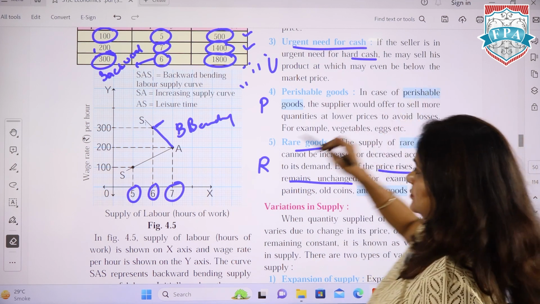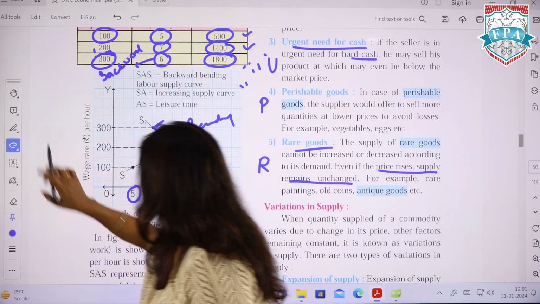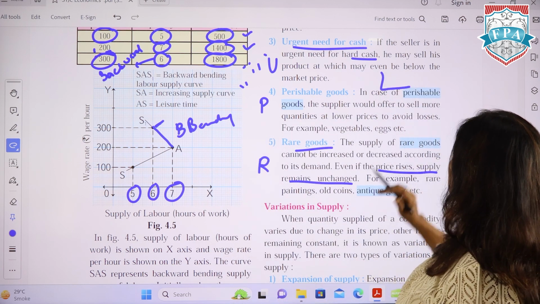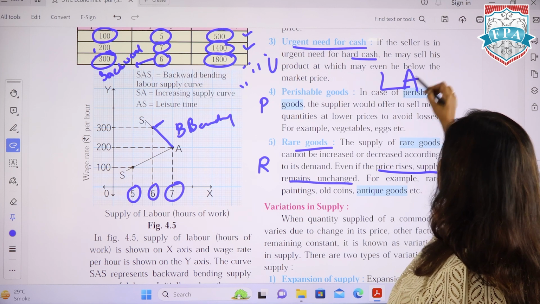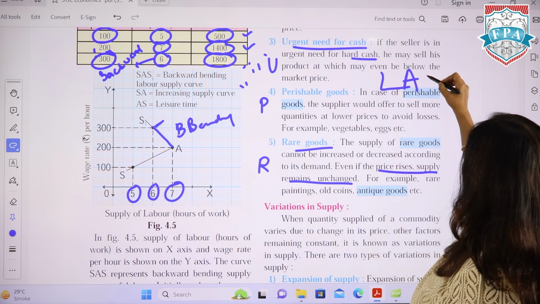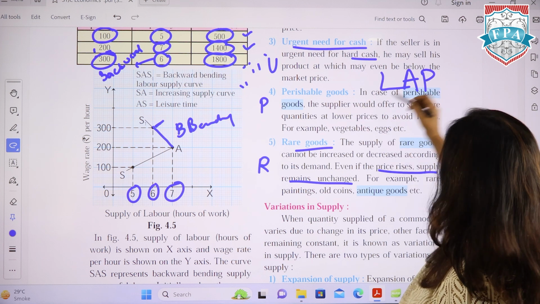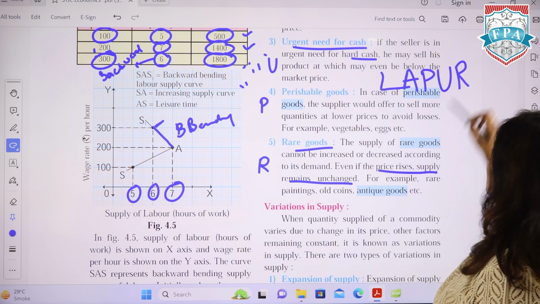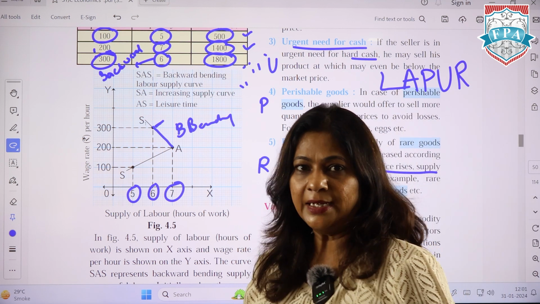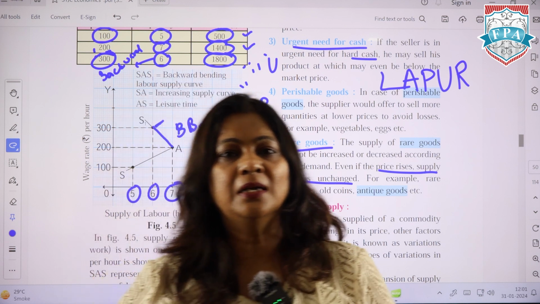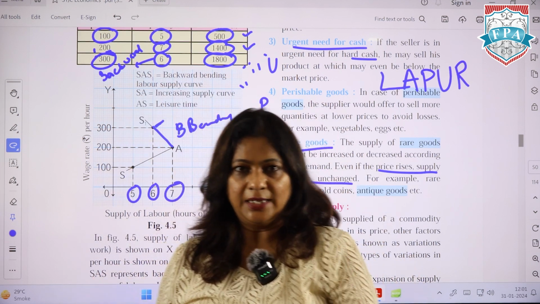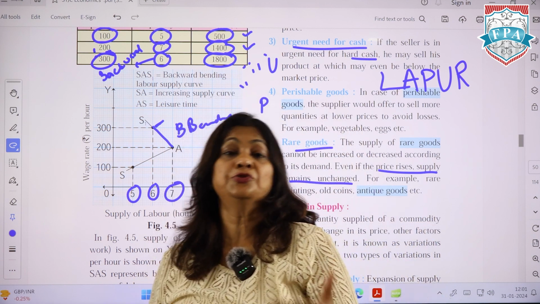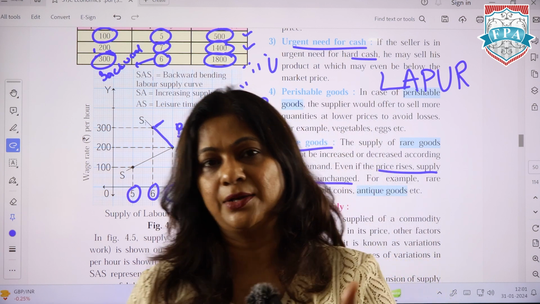Okay, so we have got exceptions में labor का L, we have got agricultural products का A, you have got perishable goods का P, you have got urgent needs का U, and you've got rare goods का R. Lapur. Right? Exception के लिए, can you remember the word lapur? Right? Labor, A is for agricultural goods, P is for perishable goods, U is for urgent need of cash, and R is for rare goods.